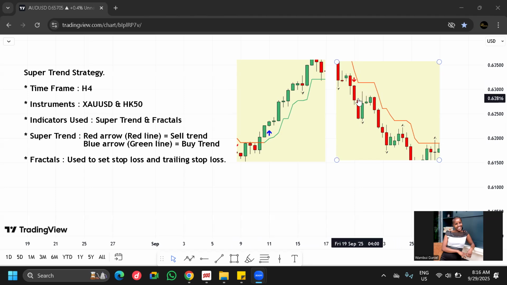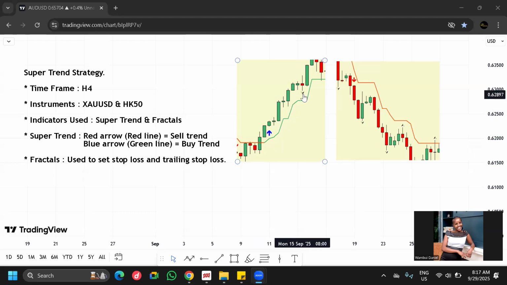So it tells you we've gone into a sell trend. When you come to the buy trend, you see the line here on this end was red. So the blue arrow shows you after this candle closed, this is where the line changed color from red to green. So that's how you're going to use it.